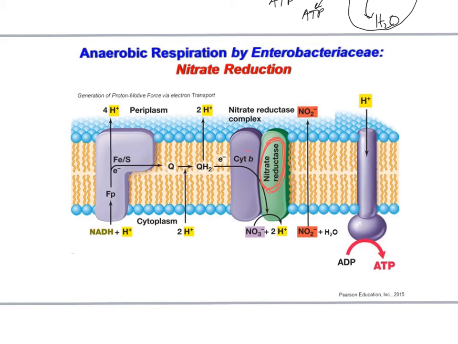You might recognize this cytochrome B as one of the cytochromes in the electron transport chain. So if the organism has nitrate reductase, then that enables the organism, again, to reduce nitrate or to use nitrate as a final electron acceptor. Okay.